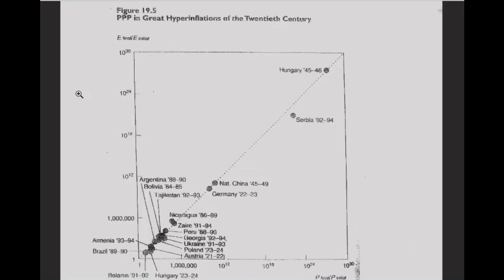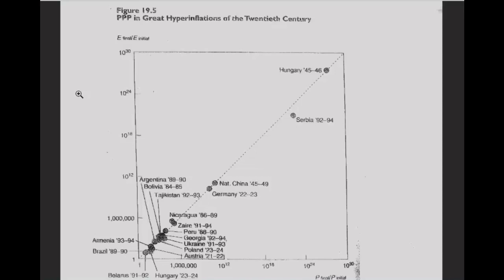And here each dot represents a country over a particular period of time. And what do you see? Is this a 45-degree line? Pretty close. What else do you see? Anything unusual or notable about these places or about these numbers or about the title?